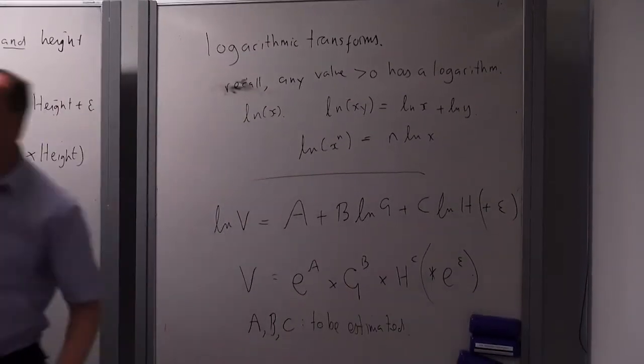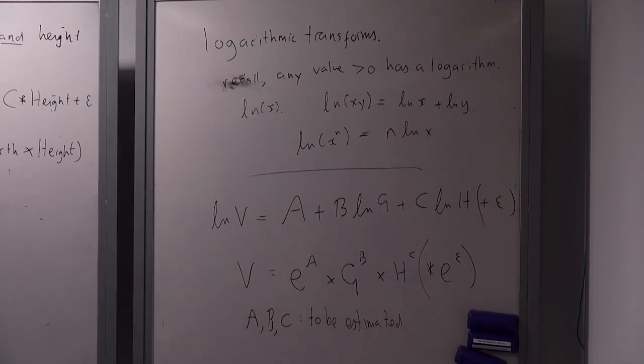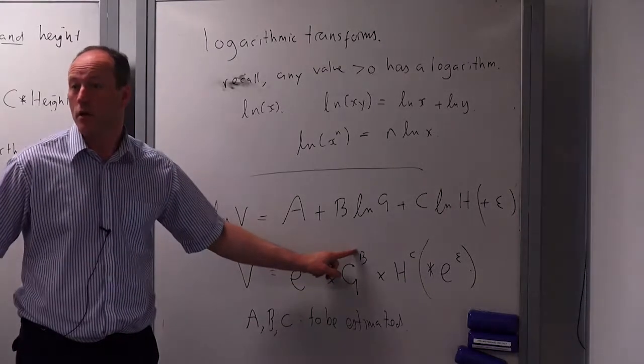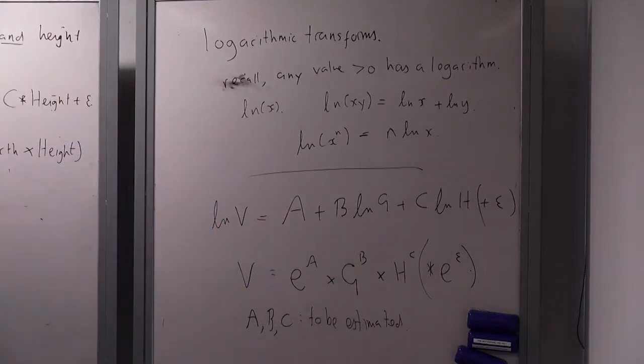And hey presto, we've got rid of the problem of what happens at zero height and zero girth. Because straight away I know that 0 to the power anything is 0, so suddenly I've solved that problem.